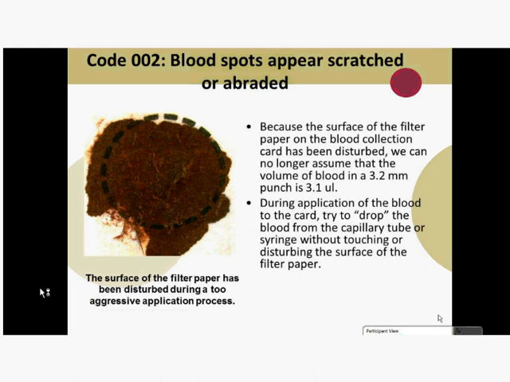If the surface of the filter paper is disturbed, it can no longer be assumed that the volume of blood in a 3.2 millimeter punch is 3.1 microliters. Using a scratched or abraded sample may result in erroneous newborn screening results.